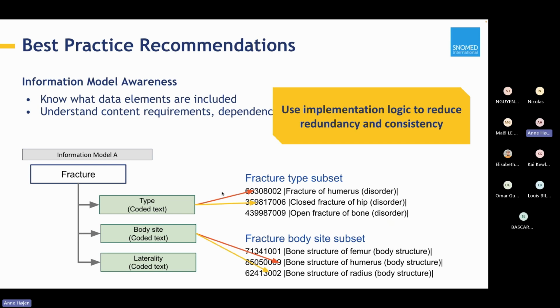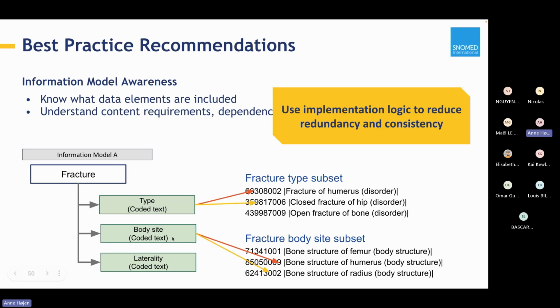So if you are allowing anything in the type field to be a descendant of fracture of bone, you need to either populate the body side, because if you look up the concept fracture of humerus, you will see that it has a finding site of the humerus structure. So that can be pre-populated, just as you saw with the laterality before.